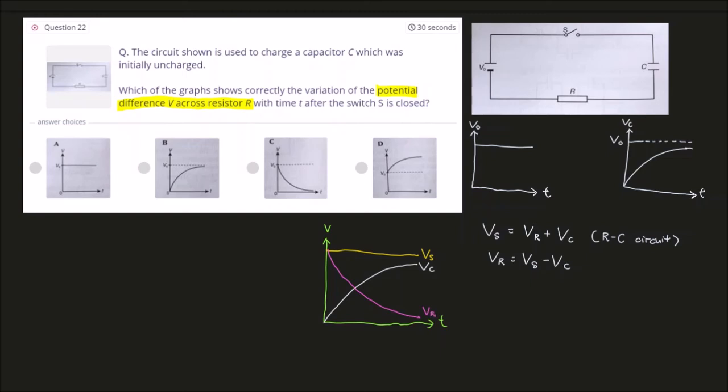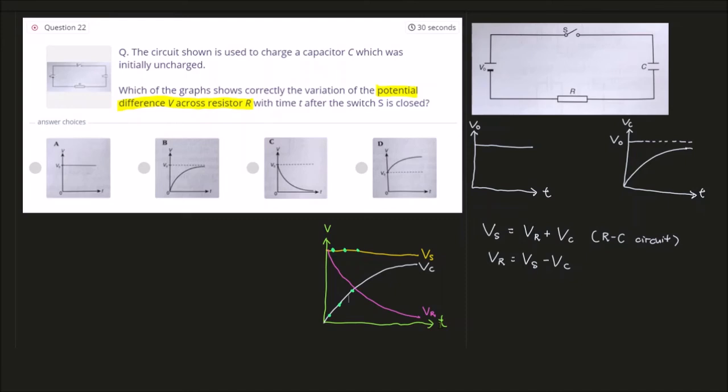If you are not sure, take this point Vs minus this point Vc, then this point Vs minus this point Vc, and you slowly see that this will be equivalent to this pink line that I've drawn over here.